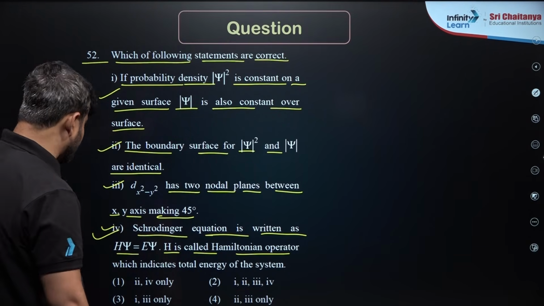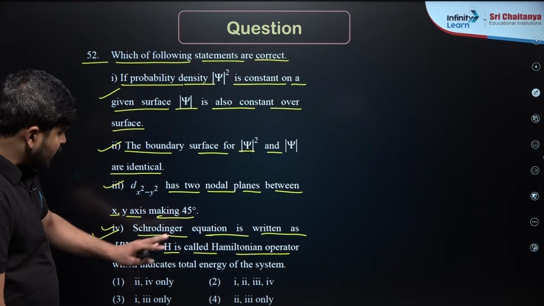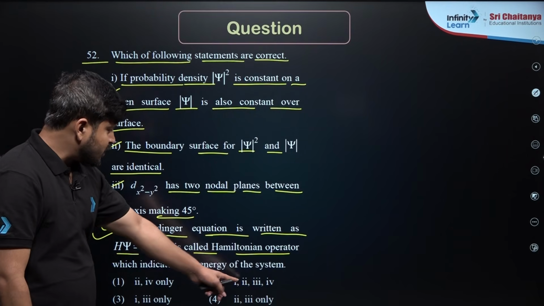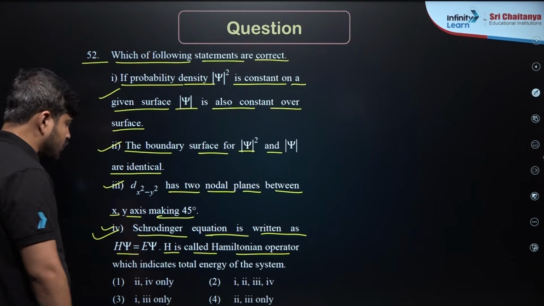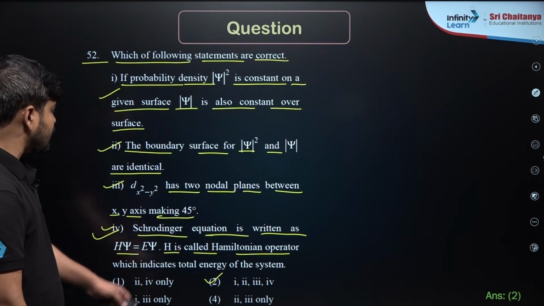So E indicates the total energy of the system, so accordingly we are going to check now. So first, second, third, fourth, all the statements are going to represent the same point only, okay. So which one is the correct answer? The second one is the correct answer of this question, okay, please remember this one.